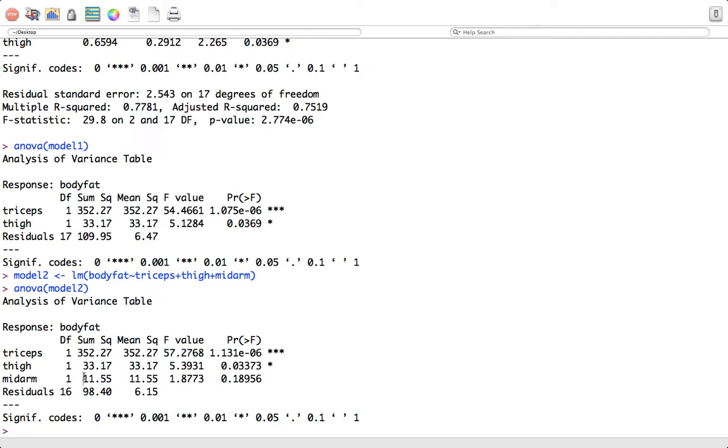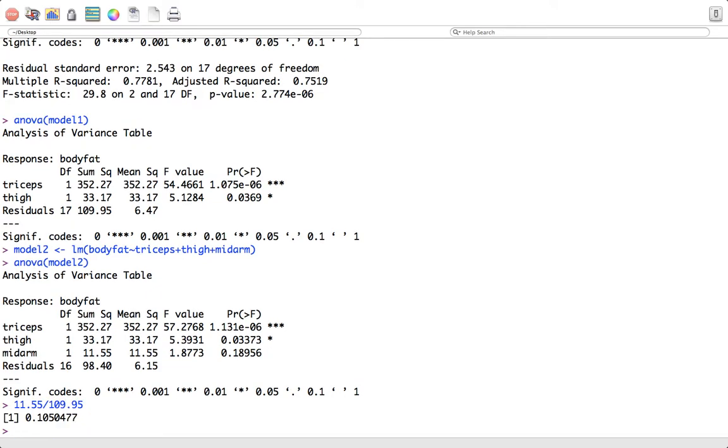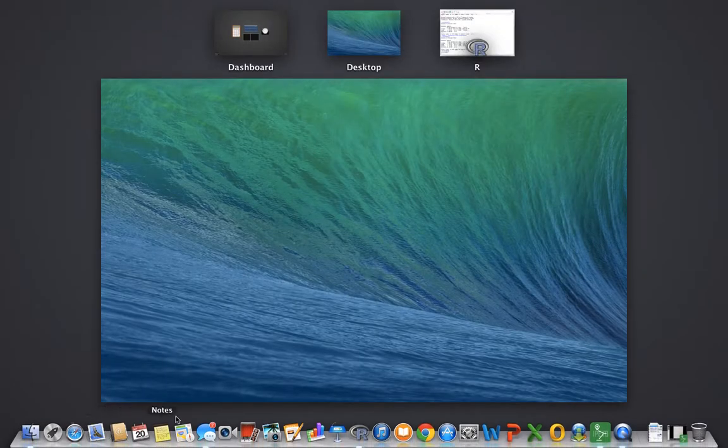So guys, ultimately our coefficient of partial determination here is going to be 11.55 divided by 109.95. So what we end up with here is 10.5% as our coefficient of partial determination.